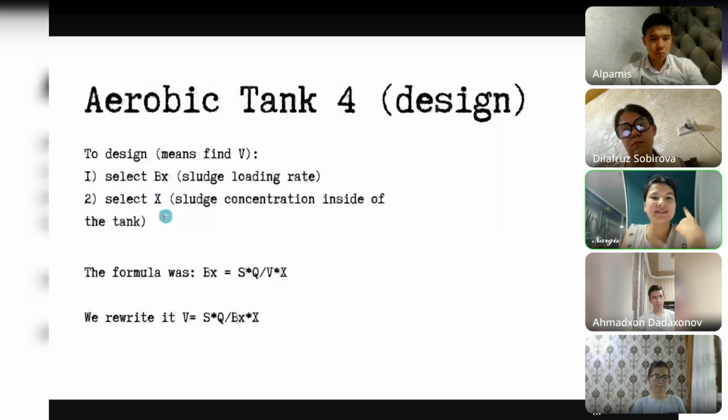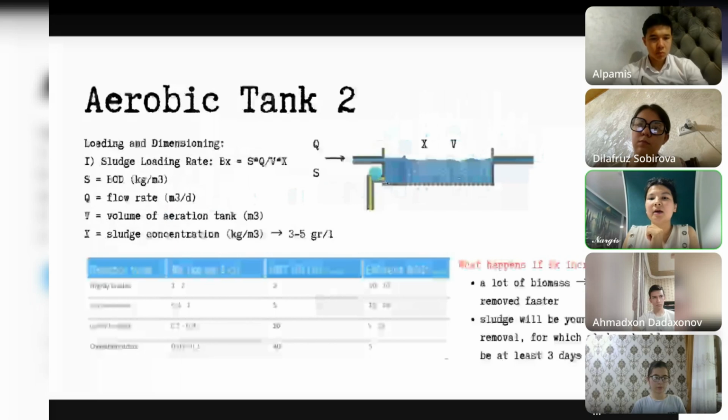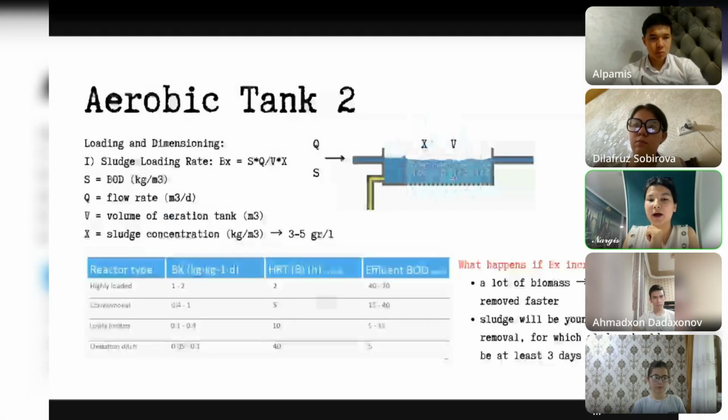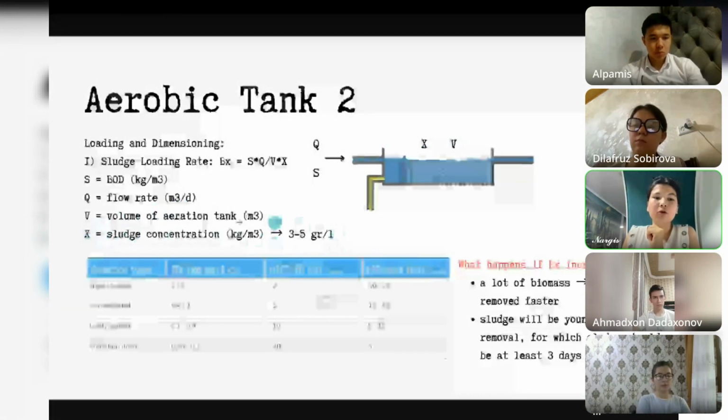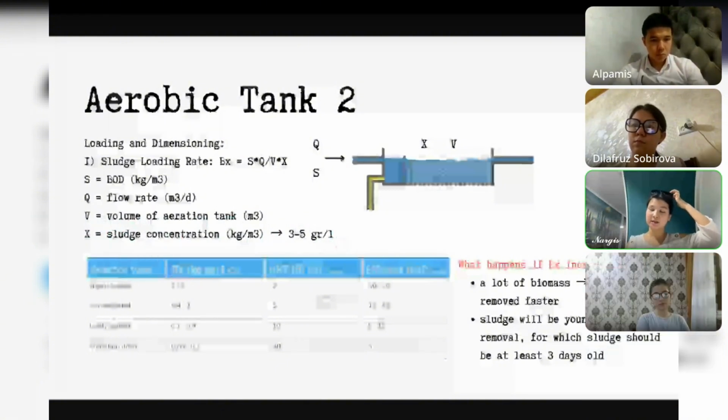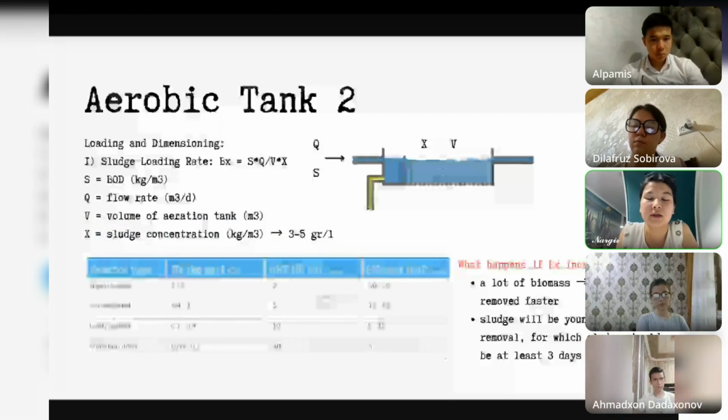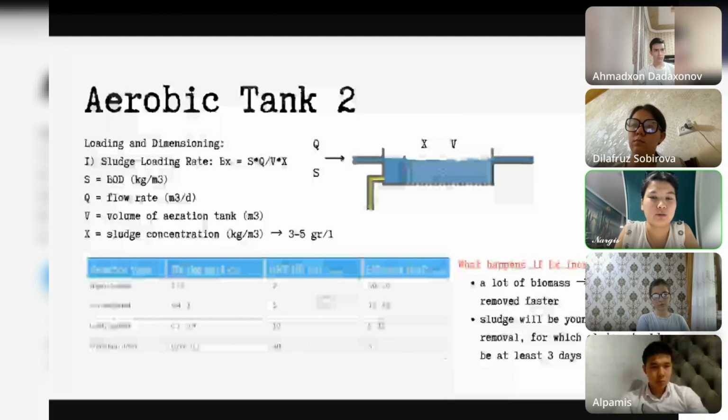And second, we should select our X. And X, if you remember, is just the concentration of bacteria inside of the aeration tank. As a rule of thumb, there are no simple mathematical formulas that can describe it, or there are, but we would need to be master's level students. First we should cover the whole bachelor course of wastewater treatment, and then go to masters in order to understand those math formulas. For now, we cannot do so.